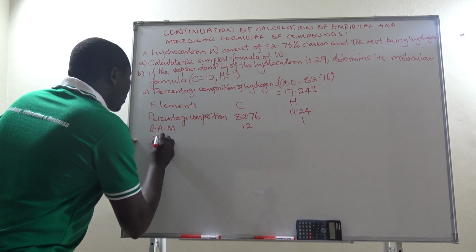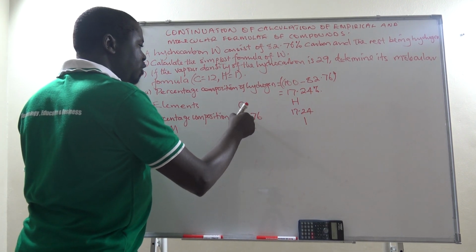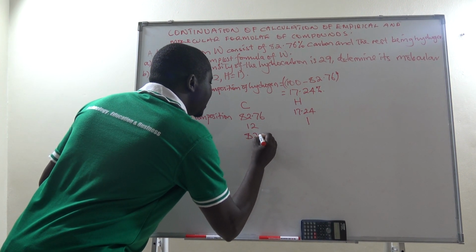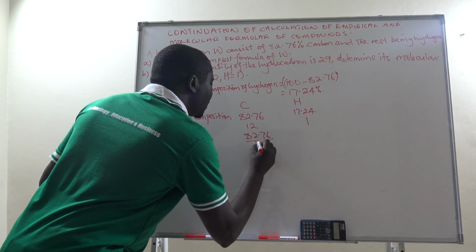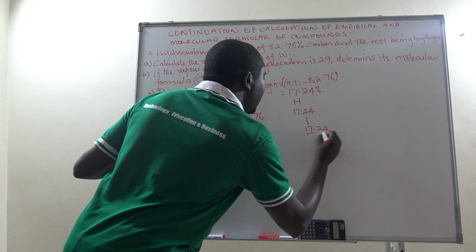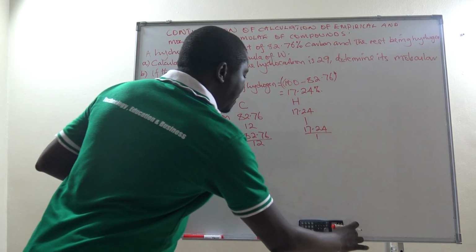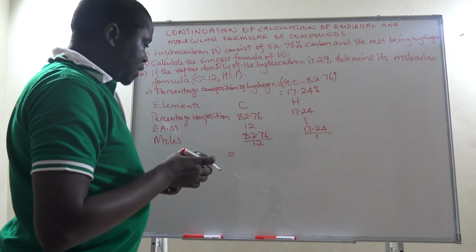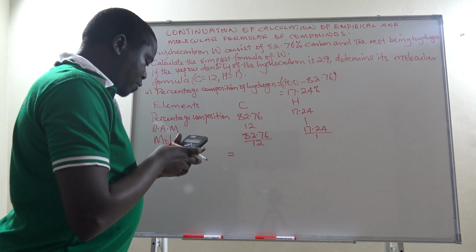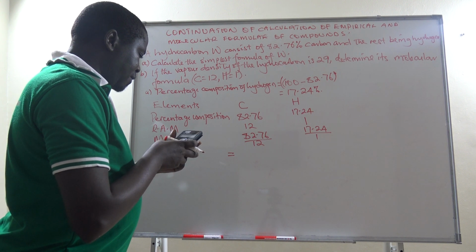Next, we are going to get the number of moles, as we have done before, by dividing the percentage composition of each element by its relative atomic mass. So in this case for carbon is 82.76, we divide by 12. Hydrogen is 17.24, we divide by 1. What we get is the number of moles of each element in this compound. So let us look at that of carbon, 82.76, we divide by 12.